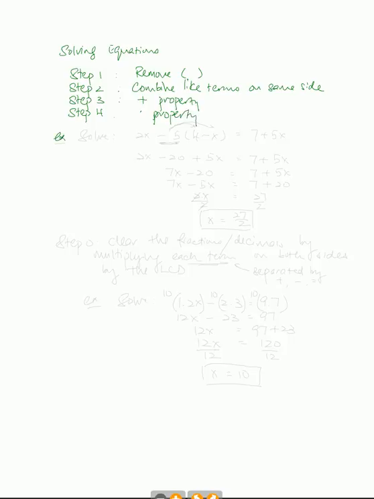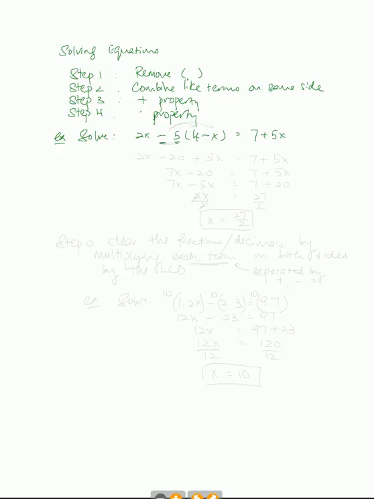Okay, let's look at an example to recap what we need to do. So take for example, you're asked to solve 2x minus 5(4 minus x) equals 7 plus 5x. Notice that right in front of the parentheses there's a 5, but right in front of the 5 there is a minus.